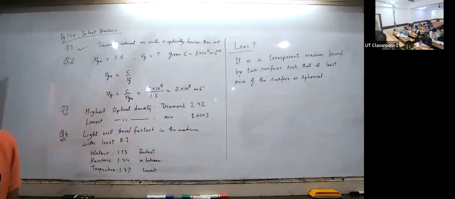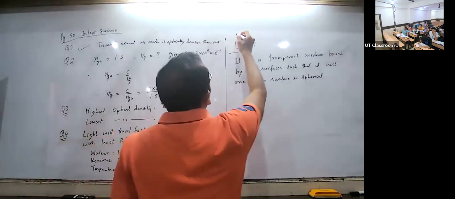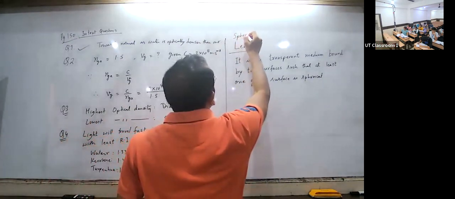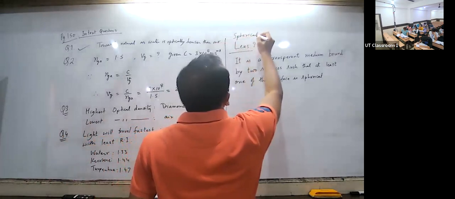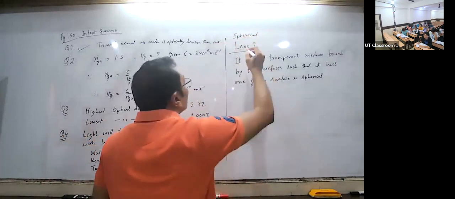So basically, what we are covering is spherical lens. Just like spherical mirrors, we have spherical lenses.